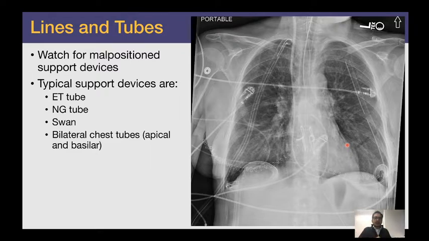Okay, and these are all placed intraoperatively, so most of the time, there's not going to be any problems with them. But occasionally you can have something that's going in the wrong place, like the Swan is going out too far, or the ET tube is going into one bronchus rather than in the trachea.